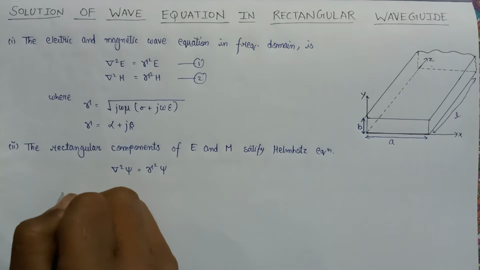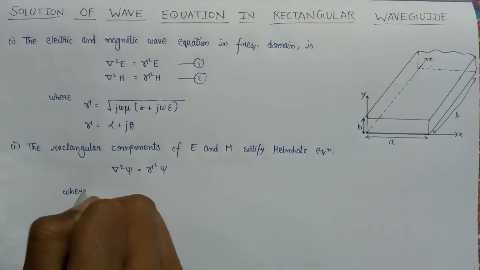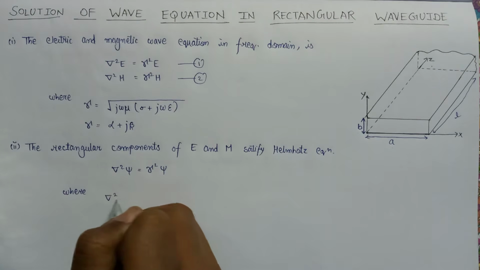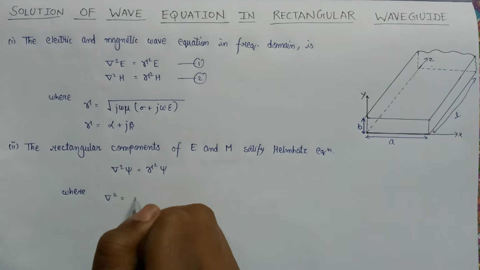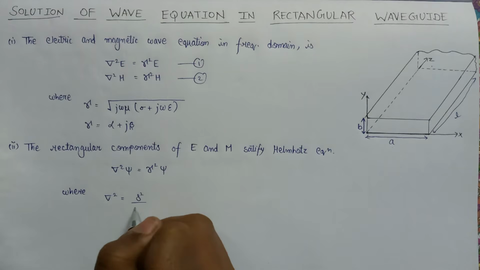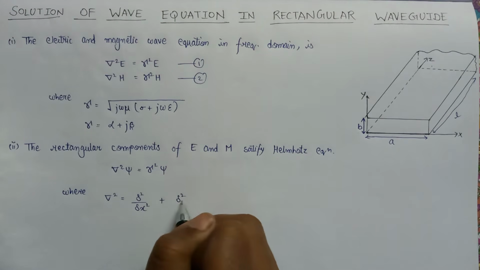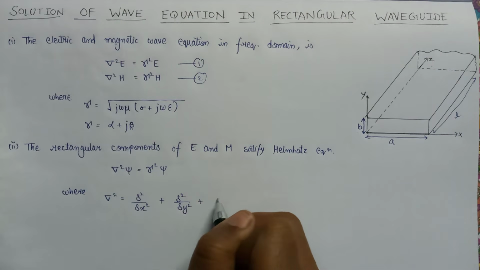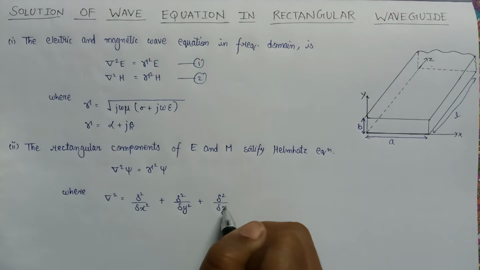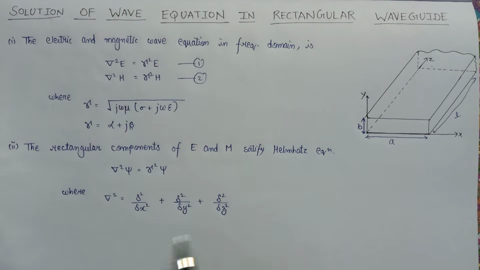Here this del square can also be written as del 2 over del x square plus del 2 over del y square plus del 2 over del z square. This is the representation for del square in terms of the rectangular components.